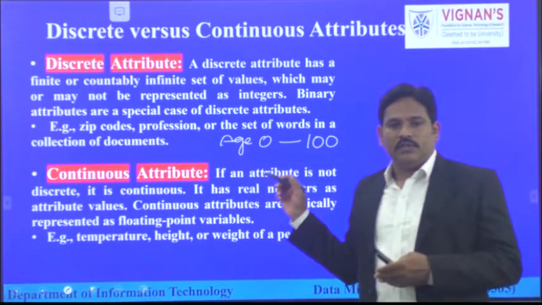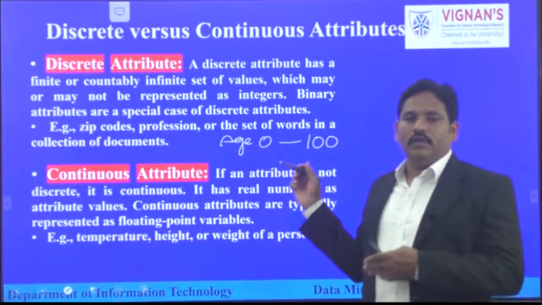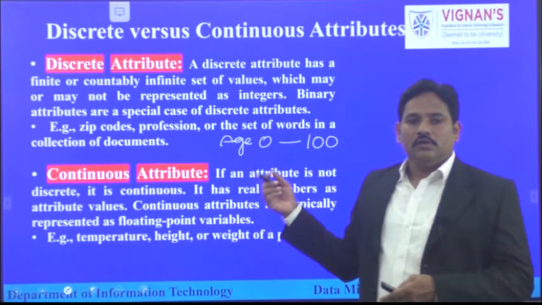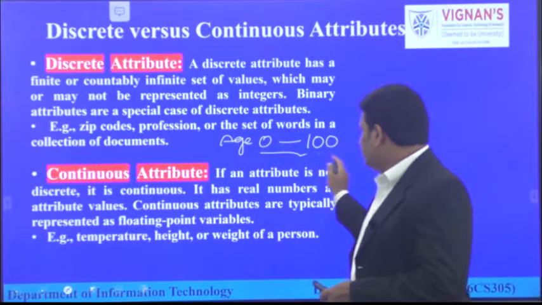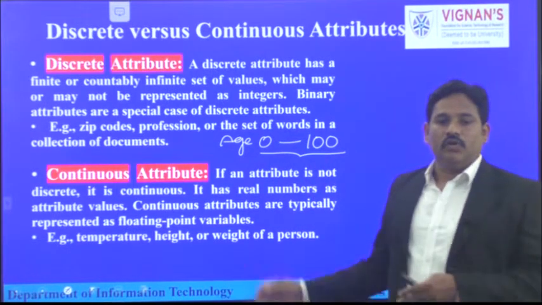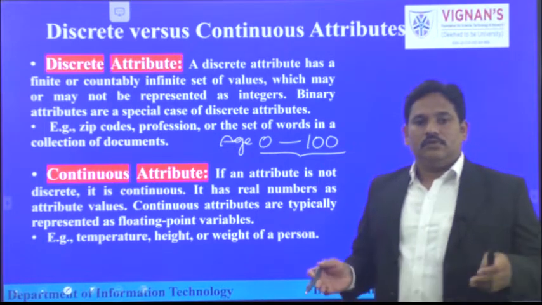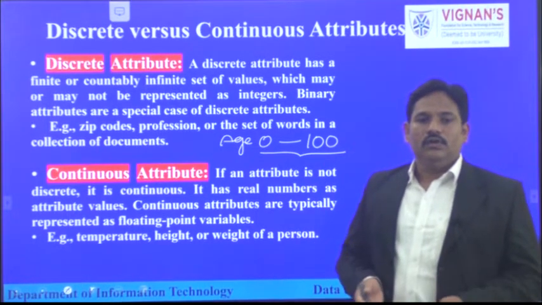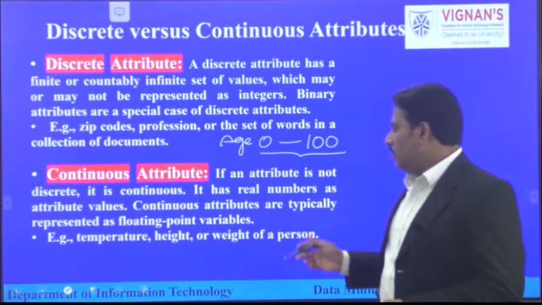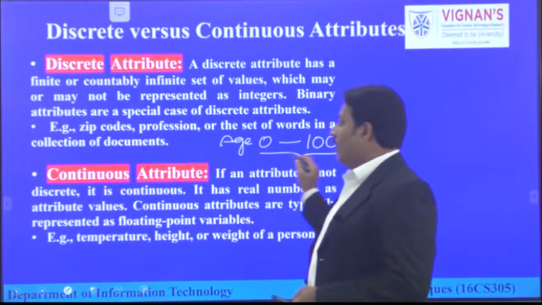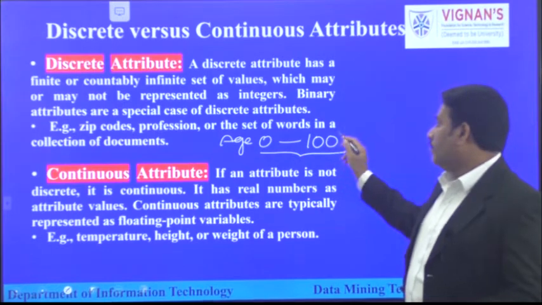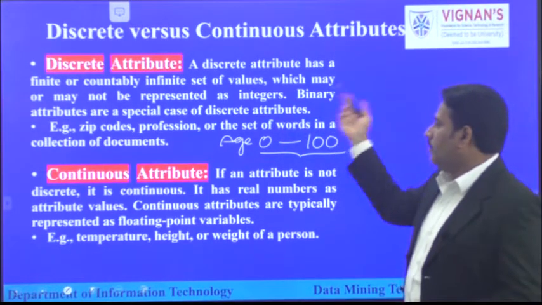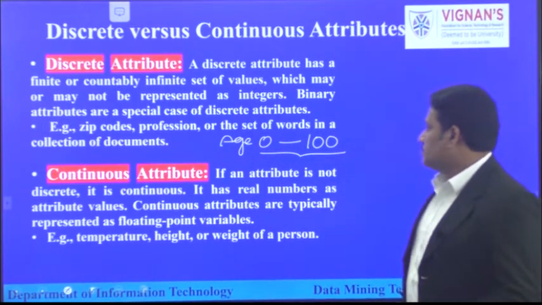Definitely a question will arise: what value will we choose if any person's age is more than 100 years? Here we are talking generally. In a general scenario, if you want to fix that age range, we can go for 0 to 100 years. Now here there is a finiteness of this range, a finite or countably infinite set of values which may or may not be represented as integers.